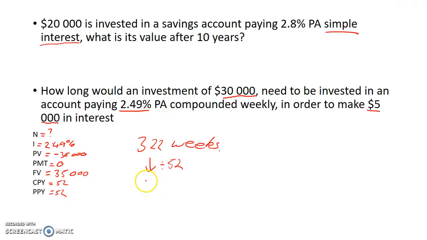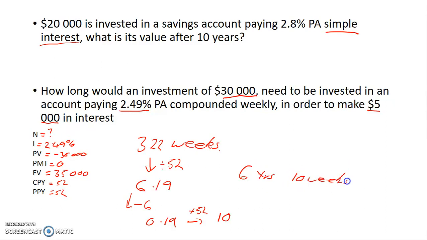Just writing that into my workings, 6.19. I'm then going to take away the 6 to get rid of the whole number off the front, which gives me 0.19, and that 0.19 I'm going to times by the 52 weeks in a year, which gave me 10. Preferably use all the decimal places on the calculator to give you a more precise answer. If you just use the decimal places, this will still need rounding off. So my final answer was it will take 6 years, 10 weeks.